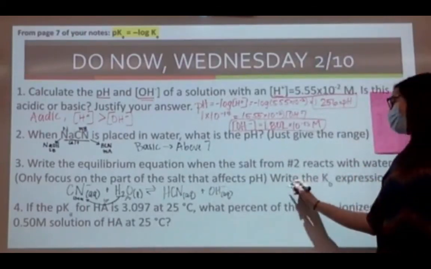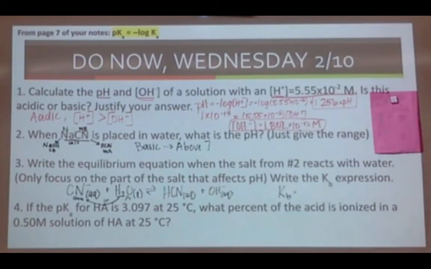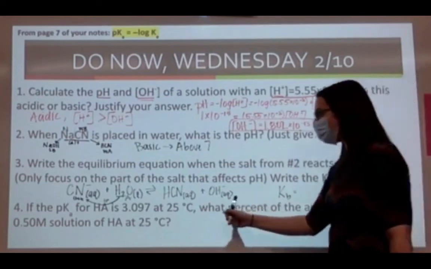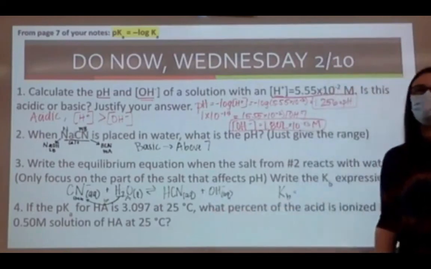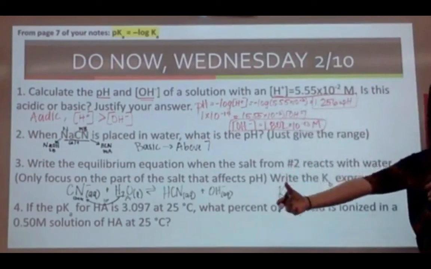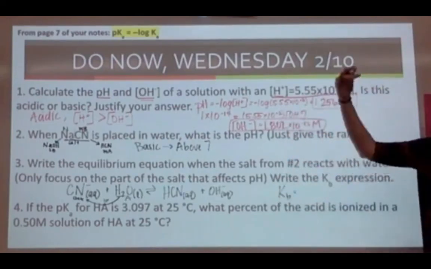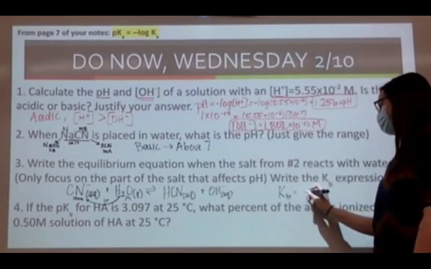The rest of number 3 says write the Kb expression. Now we're going to do more with Kb today when we look at example 18. The difference between Ka and Kb is solely that B means base. B means that our equilibrium that we're focusing on should be producing OH minus. That's the only difference. Ka is producing H plus or H3O plus because it's focusing on an acid. Kb means we're focusing on a base.